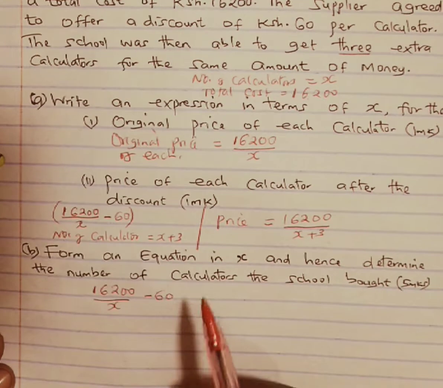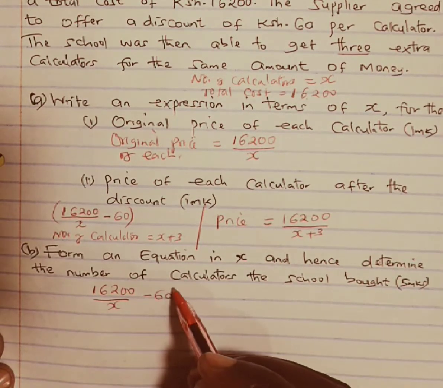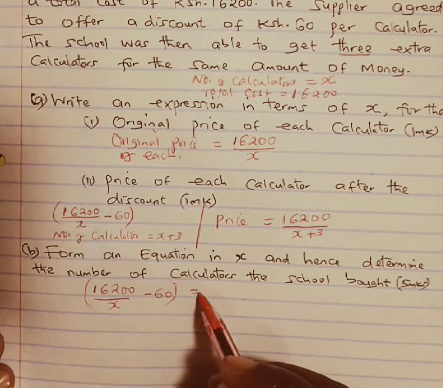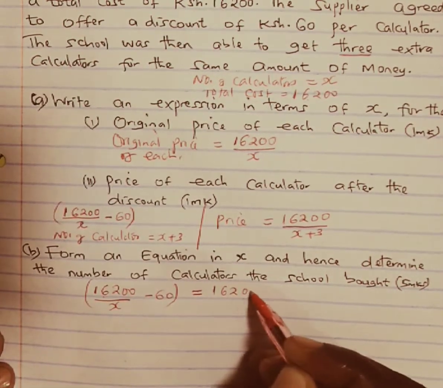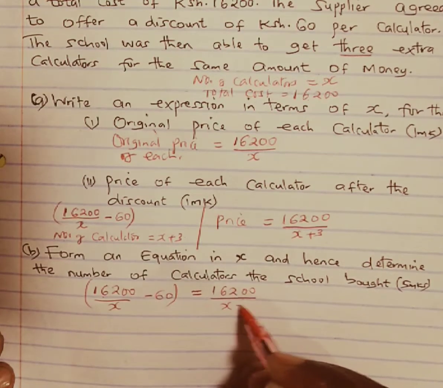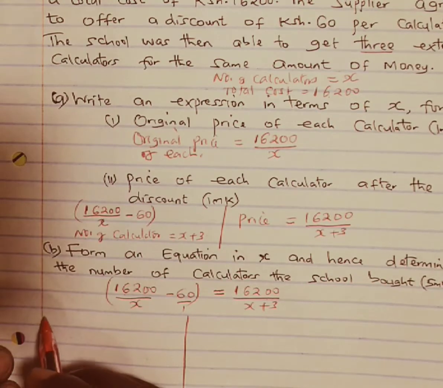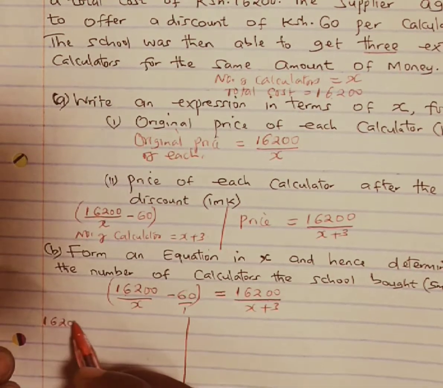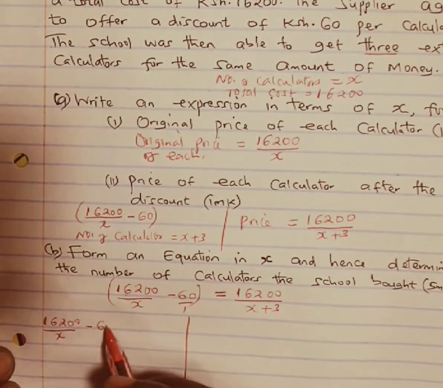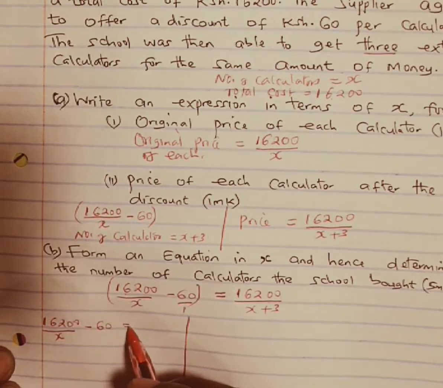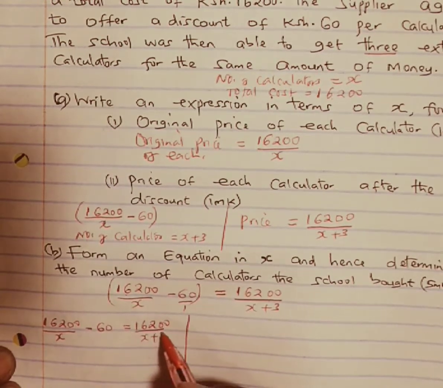So it means the amount for each calculator here will be equal to the price, which is 16,200, divided by X plus 3. So if I move down, we are going to have 16,200 divided by X minus 60 being equal to 16,200 divided by X plus 3.